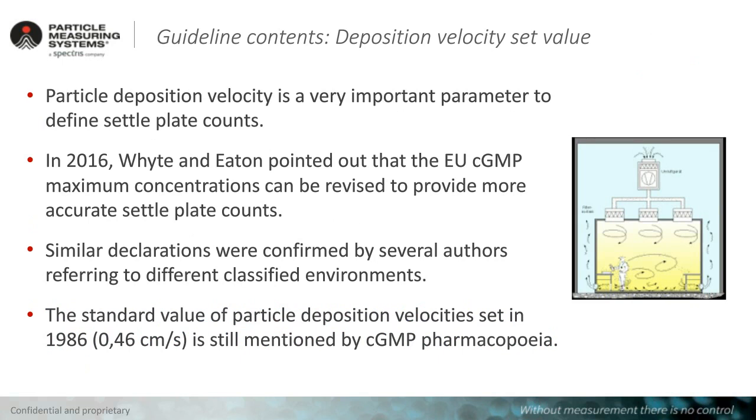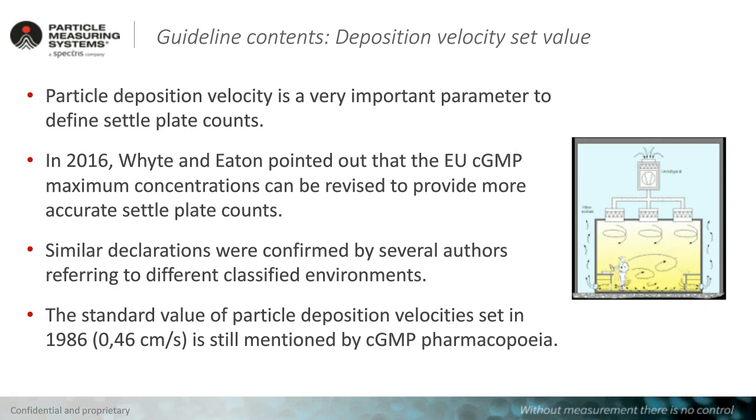The velocity of particle deposition is a very important parameter to define the settle plate counts. In 2016, not that long ago, White and Eaton, again the same author, pointed out that the EU GMP maximum concentration should be revised to provide more accurate settle plate counts. So already in 2016, we learned that the old regulations should be revised.